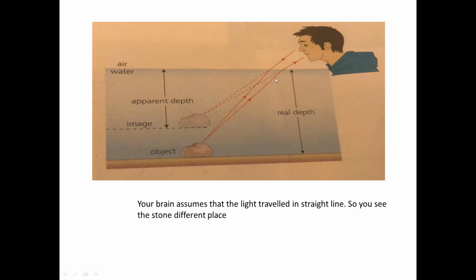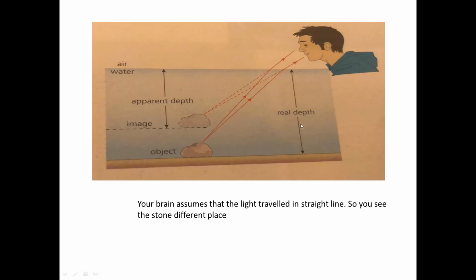So we continue this straight line till it meets at this position, a different position. So you see the stone at a different place. So we have a real depth and an apparent depth. What is the meaning of an apparent depth? It's not real, it's only an image.